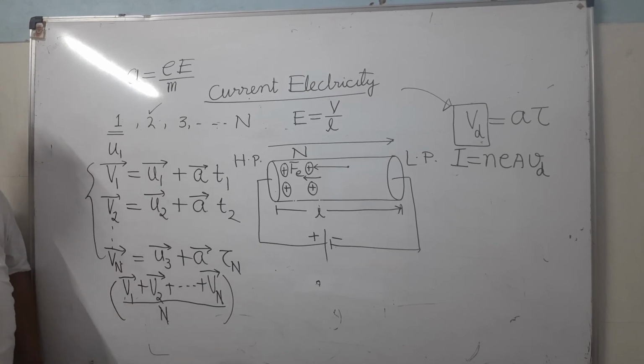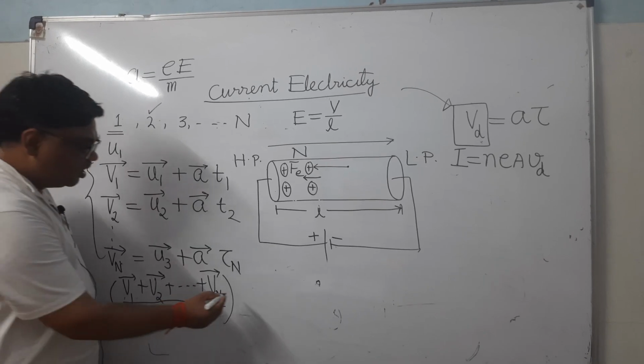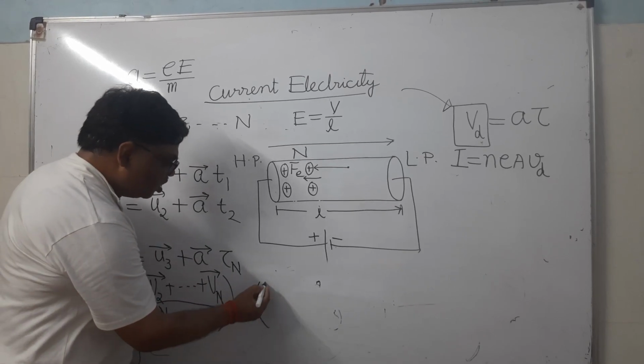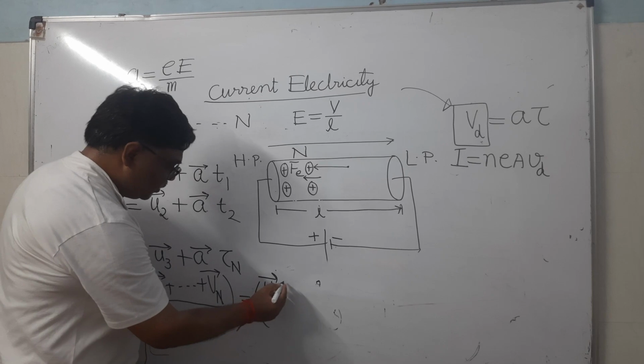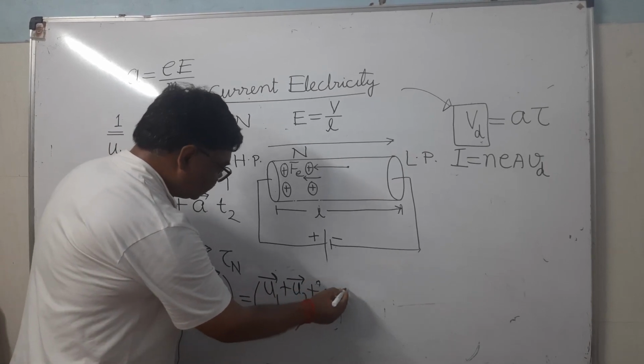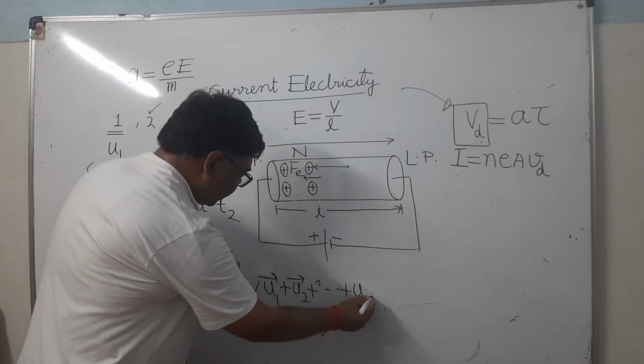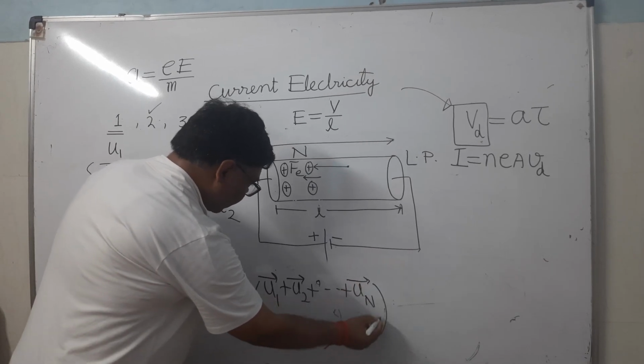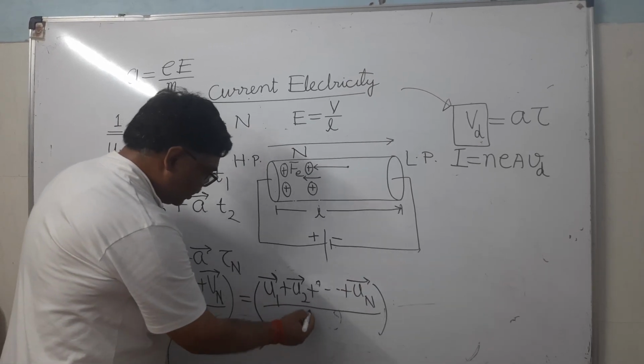Average velocity of free electrons under the influence of potential difference. It is equal to vector u1 plus vector u2 plus vector un divided by n.